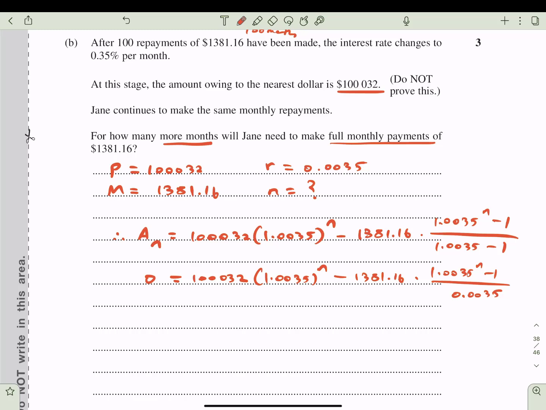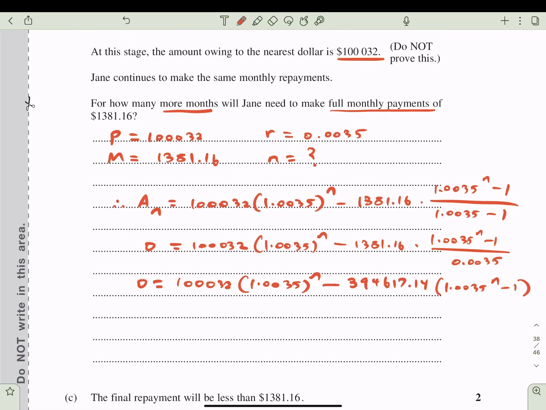To solve for n, I should probably start expanding and simplifying, especially this part of my equation. So therefore, let's do that. Let's say 0 equals 100,032 times 1.0035 to the power of n minus, now putting this into my calculator, 1381.16 divided by 0.0035, that should equal 394,617.14. Okay, times (1.0035 to the power of n minus 1).